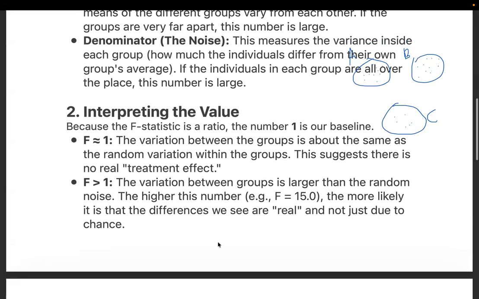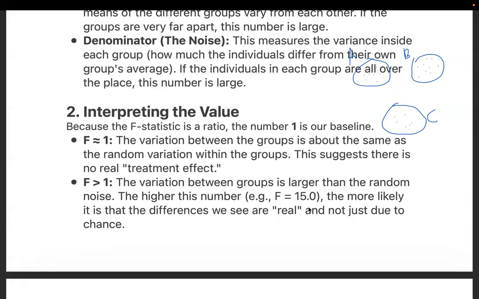So what about F greater than 1? It's good. The more the value of F is greater than 1, the better it is. The variance between groups is larger than the random noise. The higher this number, the better. Let's say, for example, F equal to 15. The more likely it is that the differences we see are real.